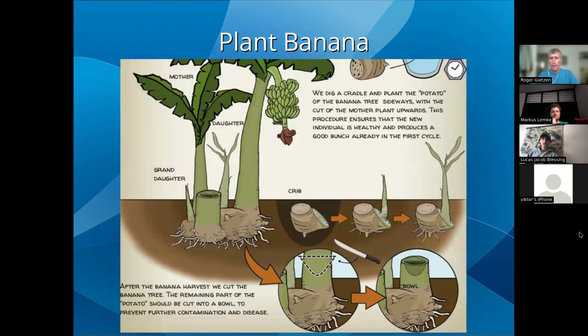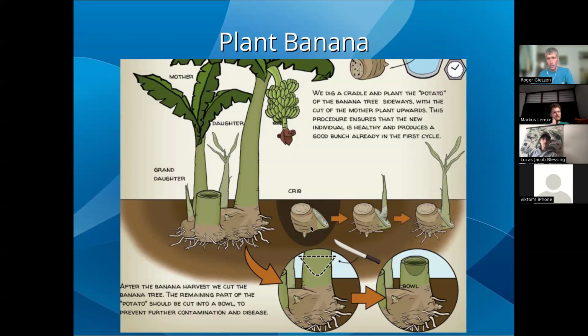For those who are in the tropics, there is a unique way in Syntropic. We normally take a large corm or potato. I don't know what term you're familiar with, but we would take a daughter from an existing clump, and then we would cut.